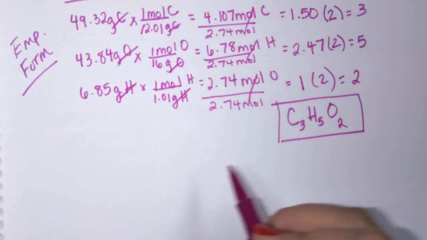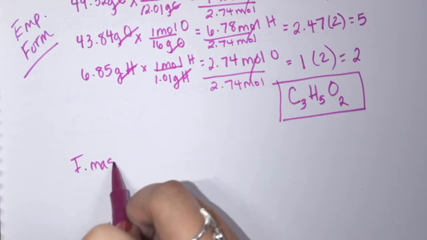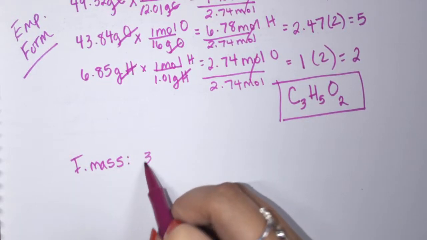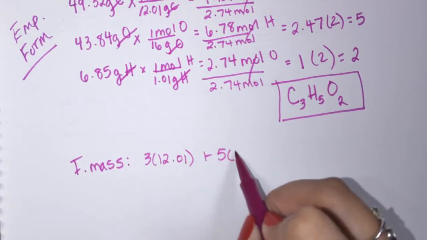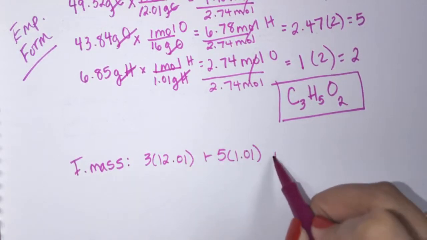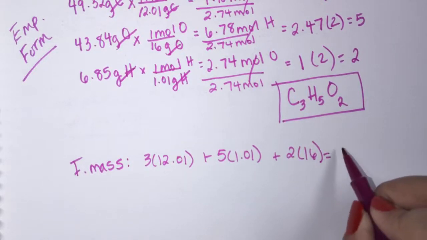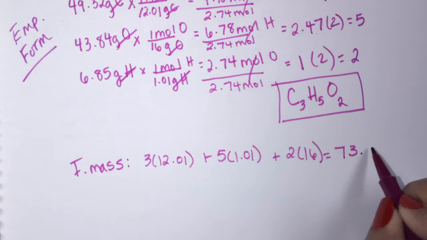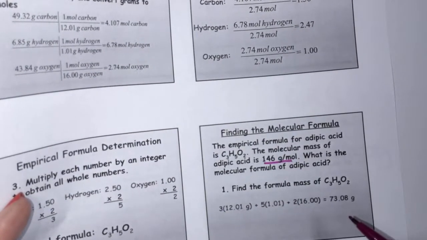The first thing you're going to do is find the formula mass of our empirical formula. So that's 3 times carbon's mass plus 5 times hydrogen's mass plus 2 times oxygen's mass. And so when we plug that in our calculator, we get 73.08 grams. And that's like it says in your notes right here.